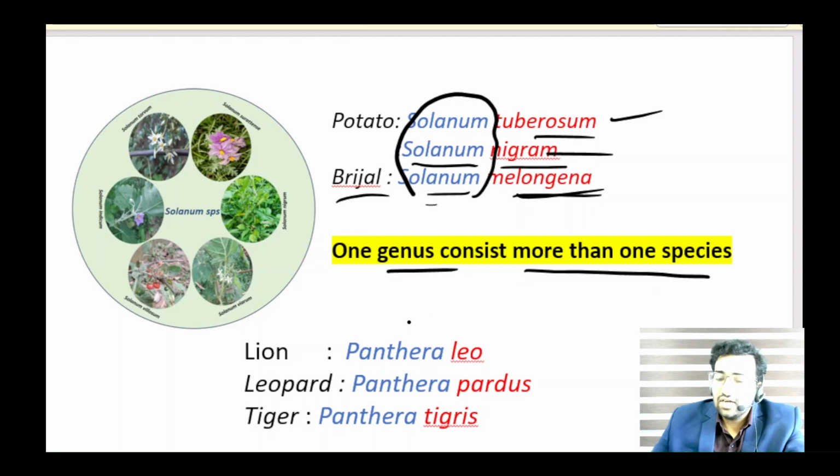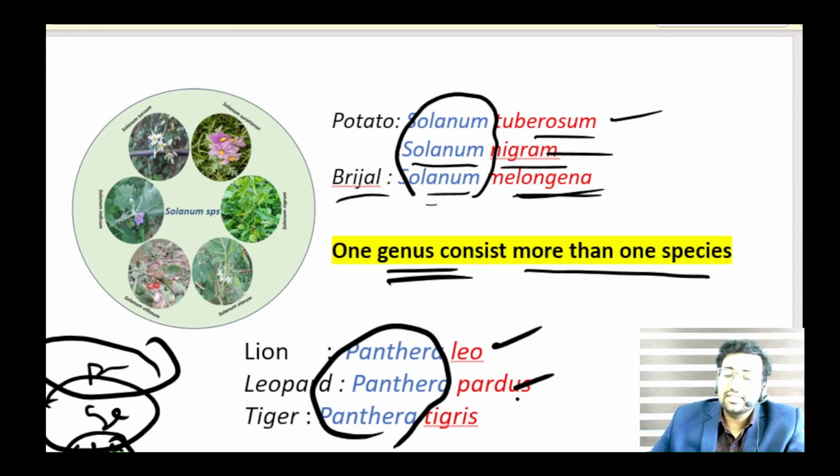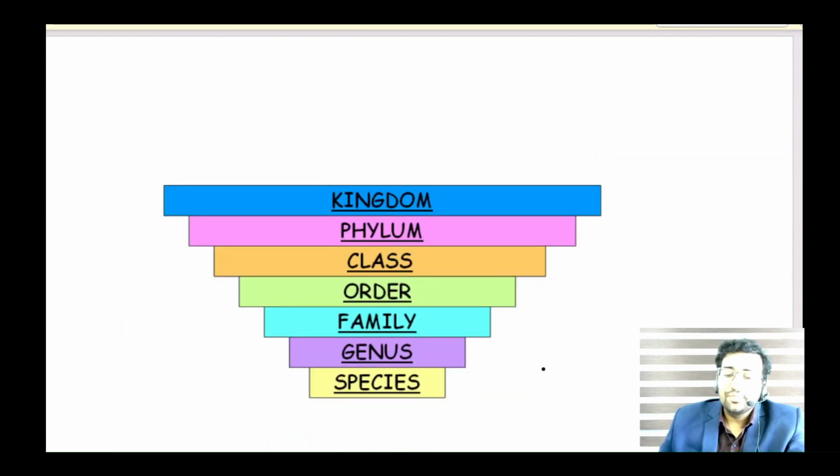A group of species having common characters we call a genus. The lowest is species, then genus having common characters, then family, and it goes on. Lion Panthera leo, leopard Panthera pardus and tiger Panthera tigris all belong to the same genus but the species are different. So I completed what is species and what is genus.